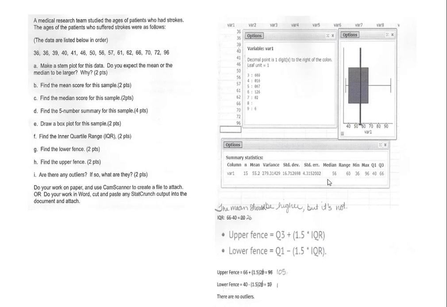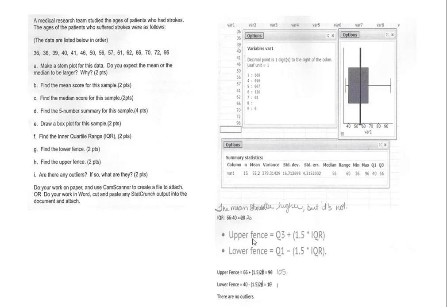So we got the median, the 5-number summary is going to be the minimum 36, quartile 1 is 40, the median is 56, quartile 3 is 66, and the maximum is 96. We already looked at the box plot. The interquartile range is between quartile 1 and quartile 3, which in this case was 26, and I made a calculation error in the beginning.